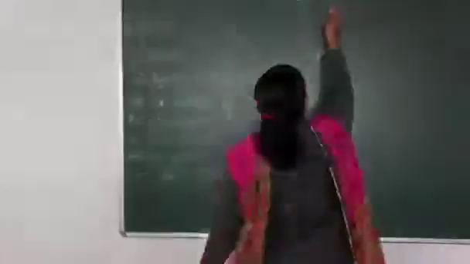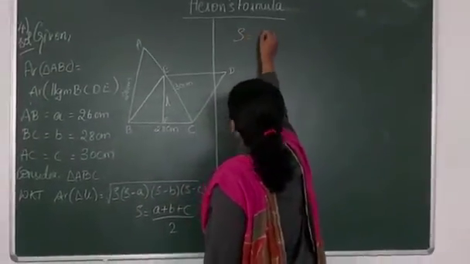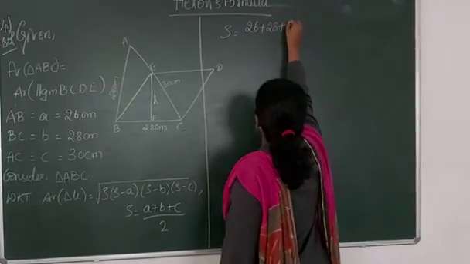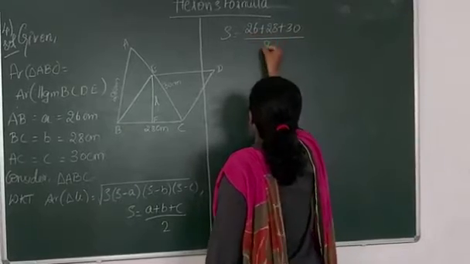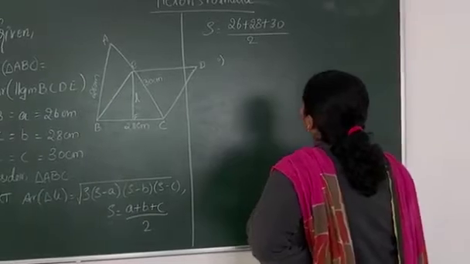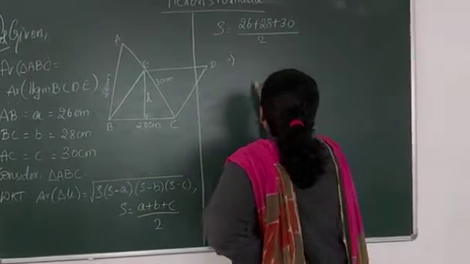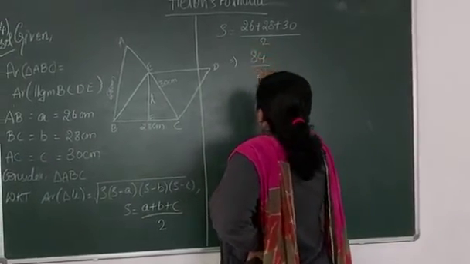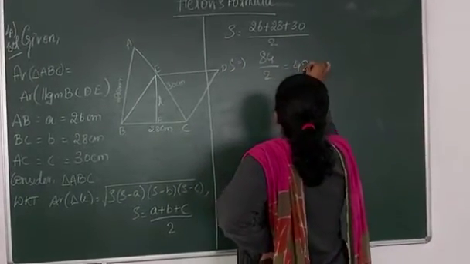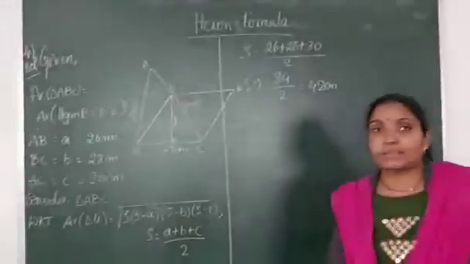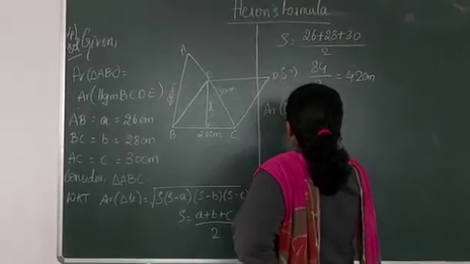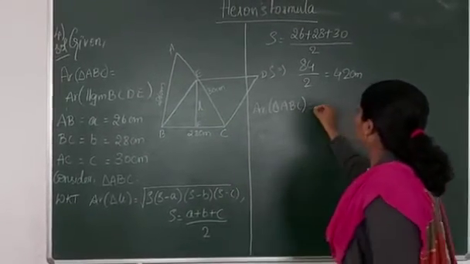Now value of s is equal to 26 plus 28 plus 30 by 2, which is 84 by 2. So the value of s is 42 centimeters.